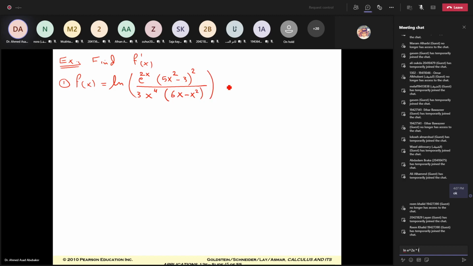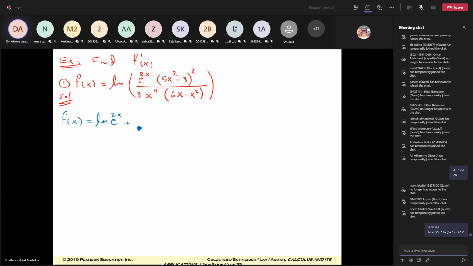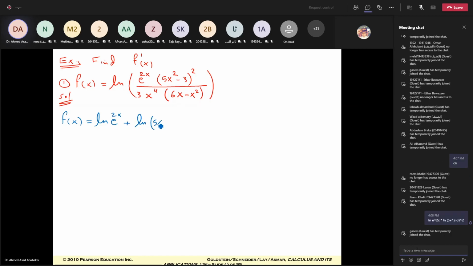Okay, the solution. We can distribute. Firstly, we must distribute the ln on the numerator, ln e to the 2x plus ln (5x squared minus 3) all squared, and distribute the ln on the denominator, but we must put negative ln 3, negative ln x to the power 4, negative ln (6x minus x squared).